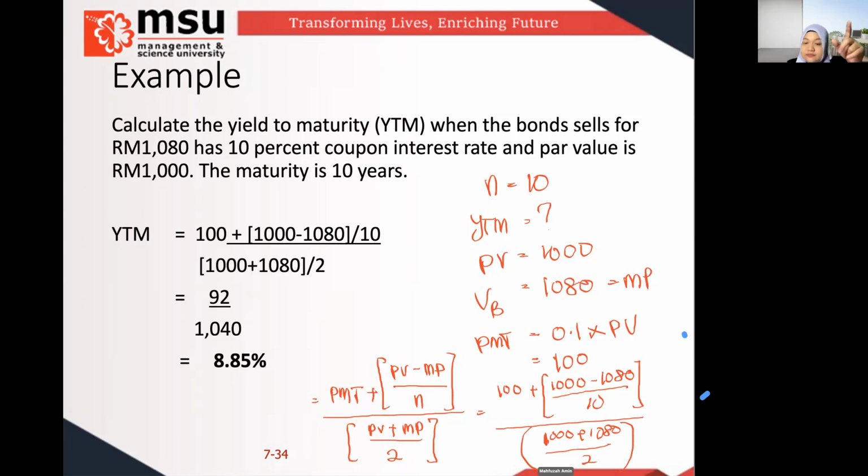Calculate this first. 1000 minus 1080 is negative 80. Negative 80 divided by 10 is negative 8. 100 plus negative 8, so basically it is 100 minus 8. That's why you will get 92.